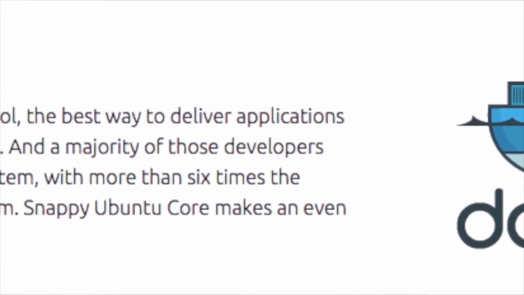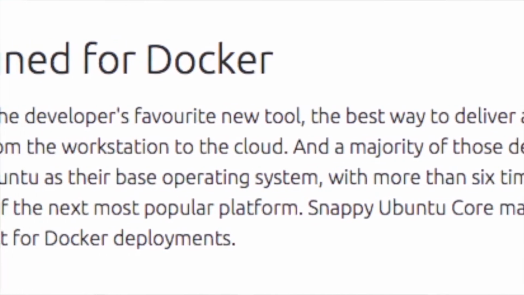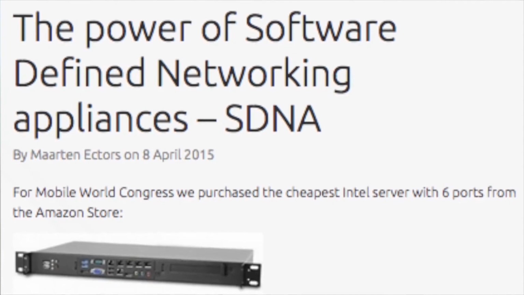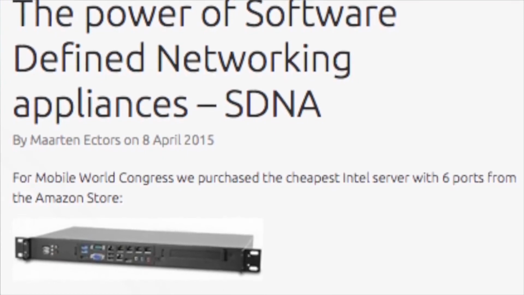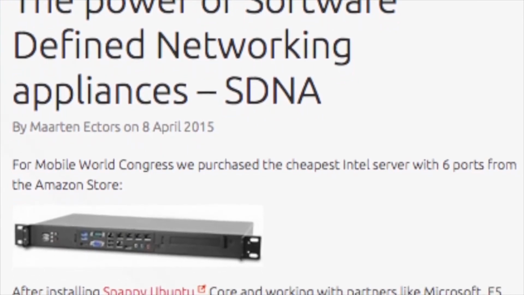So whatever you want to do, be it revolutionizing some single small device out there and controlling somebody's home, somebody's business or whatever, or if you want the other extreme and put it on the biggest clouds in the world, Snappy Ubuntu Core is your solution. And I am very, very interested to see what ideas you can come up with, how you can make complex things easy, how you can software define completely new devices.